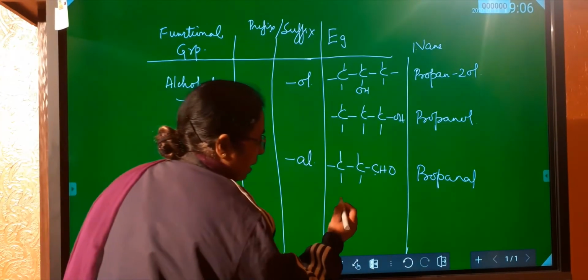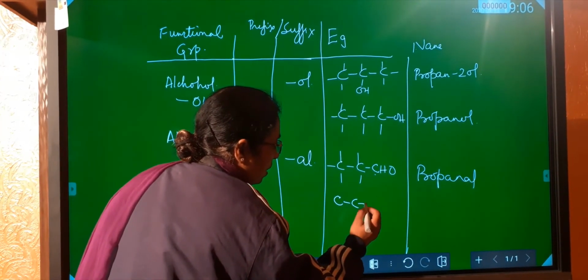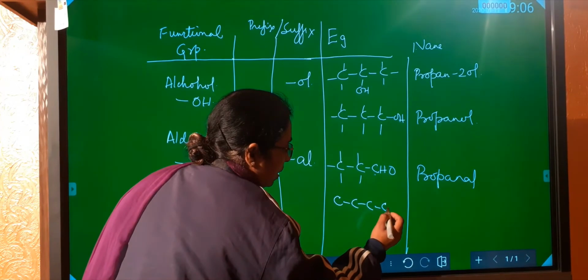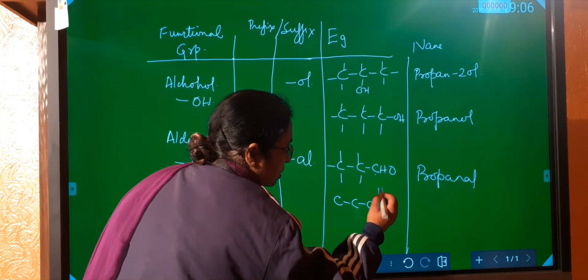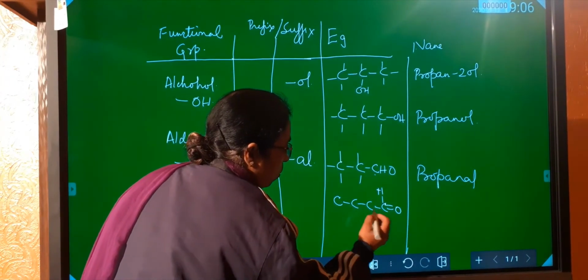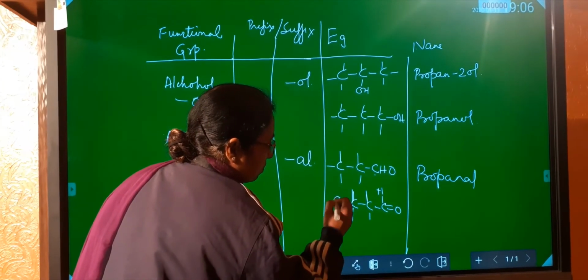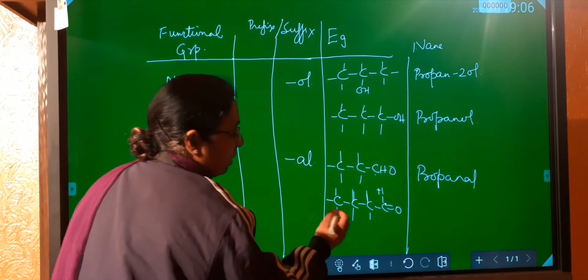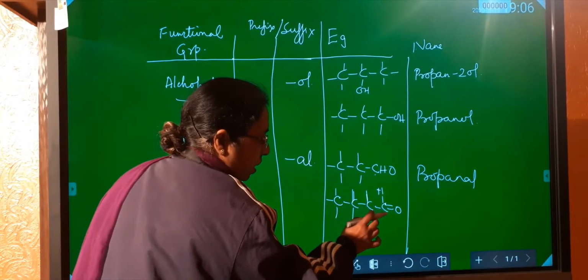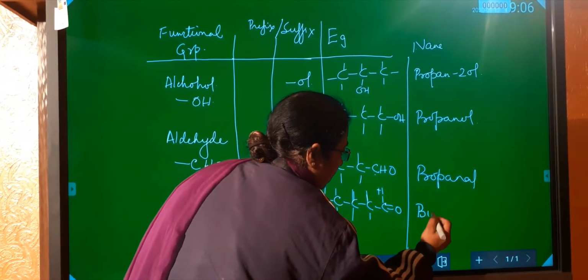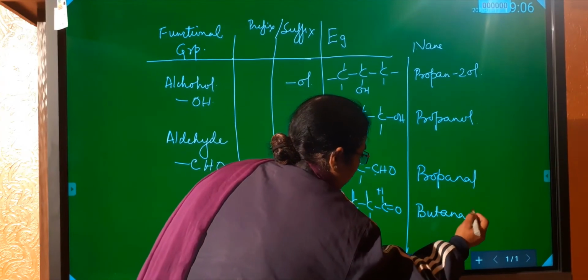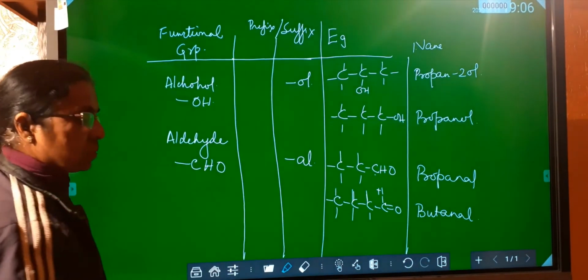Similarly, you can take another example. If we write the CHO like this, now this is a 4 carbon chain. We will be writing it as butanal.